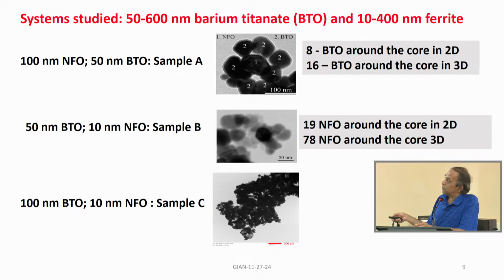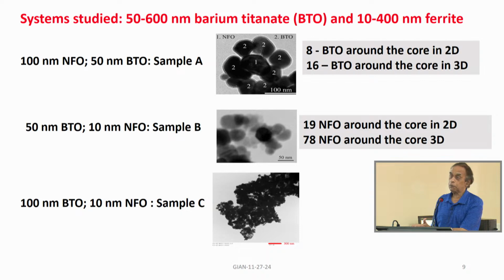And the second one, the middle one, we also used 50 nanometer barium titanate and 10 nanometer nickel ferrite, and you see the STM image of that. And the third one is 100 nanometer barium titanate, 10 nanometer nickel ferrite, and a cluster of that.